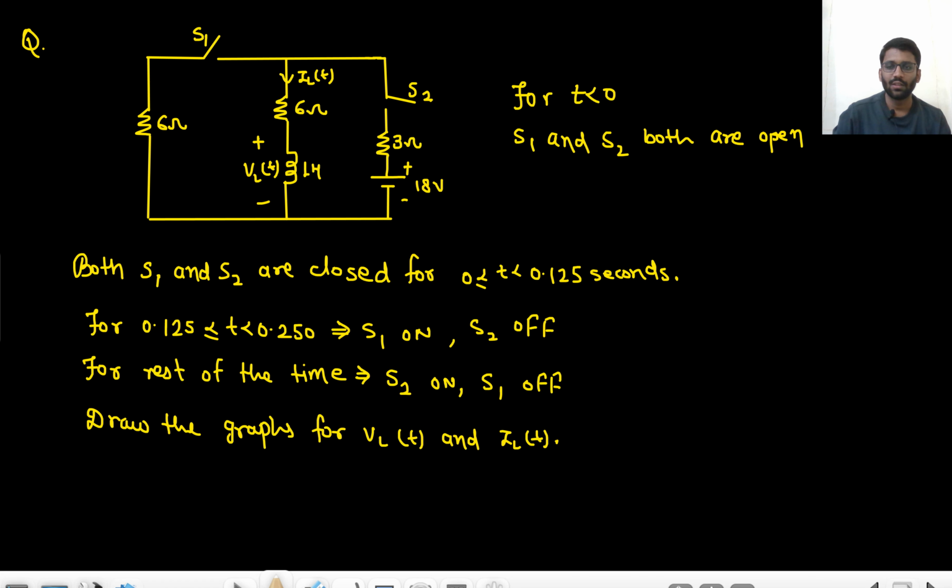So now what is the circuit? First we need to see: 6 ohm, 6 ohm, 1 ohm, 1 Henry. So 6 ohm, 6 ohm and 1 Henry.